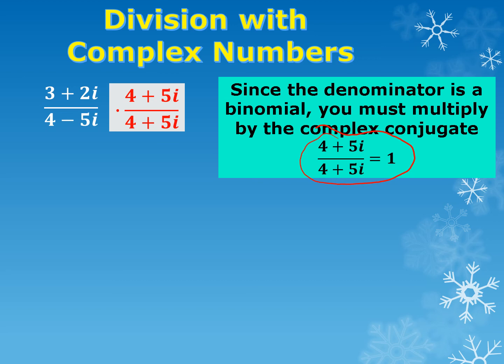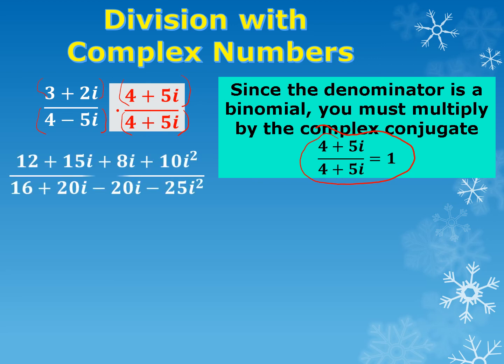So now we're going to multiply these. What I always do anytime I have binomials is put them in parentheses so that I don't mess anything up. Now you can FOIL or you can box, it doesn't matter. I FOILed. So I did 3 times 4 is 12, 3 times 5i is 15i, 2i times 4 is 8i, and then 2i times 5i is 10i squared.